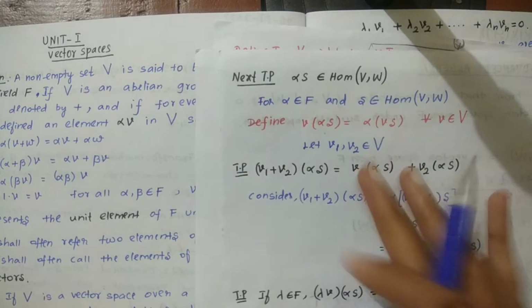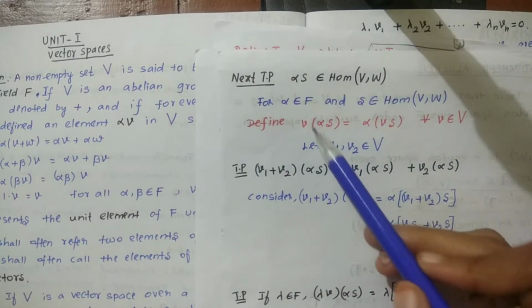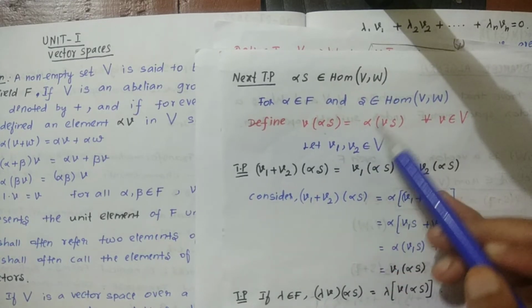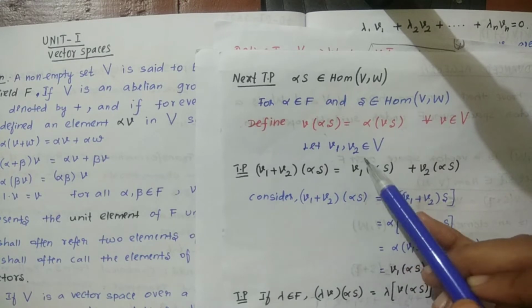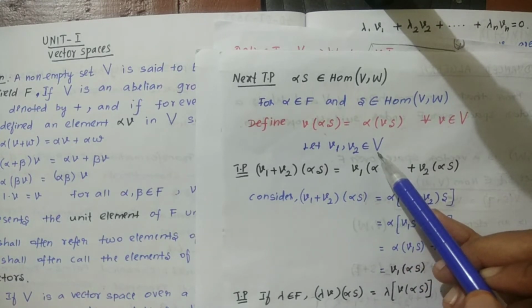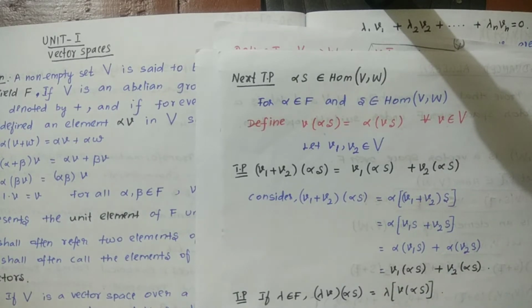So here you want to say alpha belongs to homomorphism of v comma w. So define v of alpha is equal to alpha of vs for all v belongs to V. So let v1 comma v2 belong to capital V. We are considering all these things as our choice.